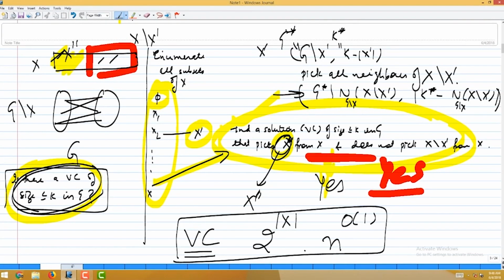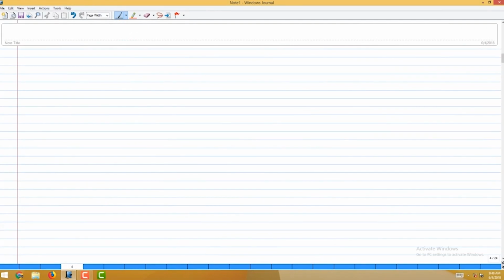Okay, this is called an odd cycle transversal problem. We'll come to it in one of the lectures, but I'll just state it.